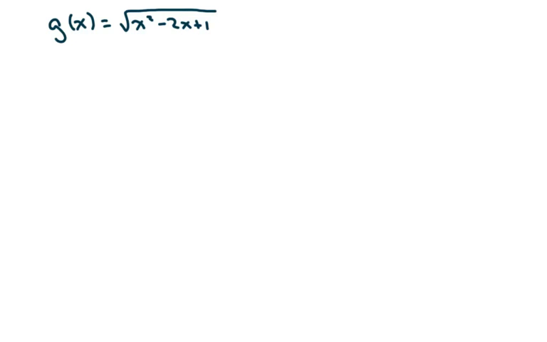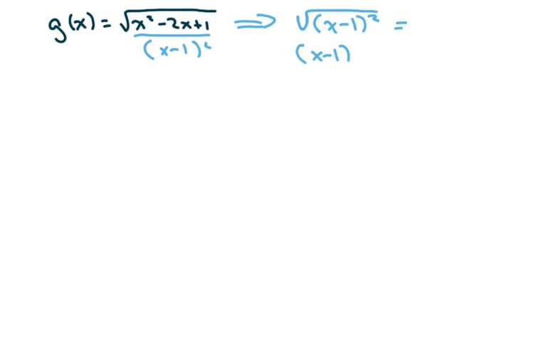Okay, this one is this. Again, I'm going to rewrite it as a square root. This can be written as x minus 1 squared. So I'm going to rewrite it, and the squares go away, or this is like saying x minus 1 squared to the 1/2.